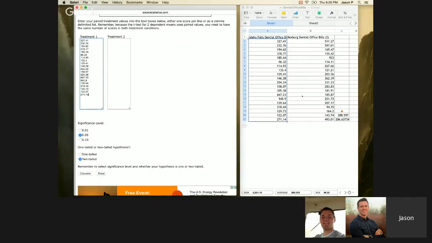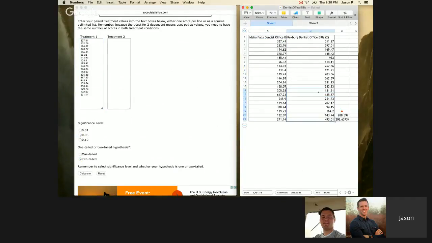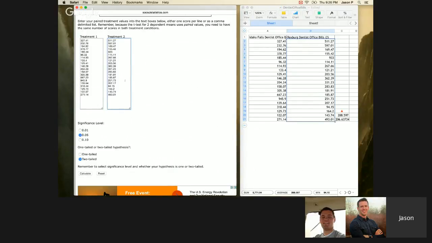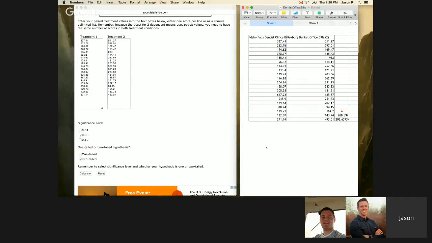Perfect. Is it one-tailed or two-tailed? It's gotta be two.